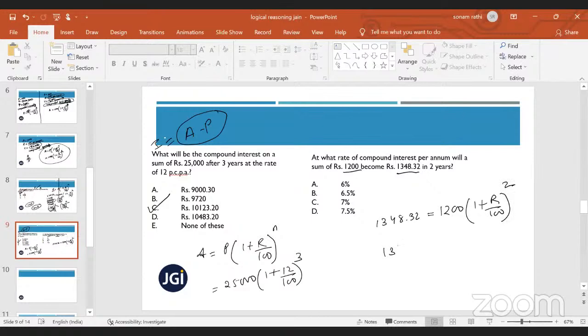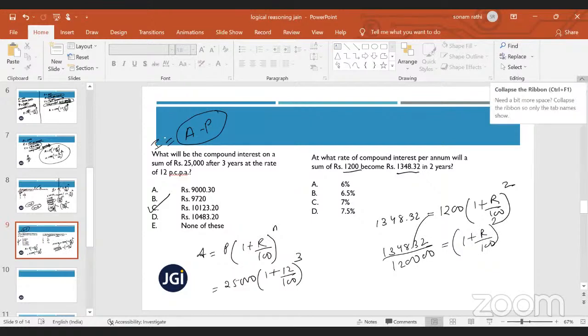I have to take this on this side. Okay, if you remove double 0 in the denominator, divide numerator by 12 and denominator by 12.